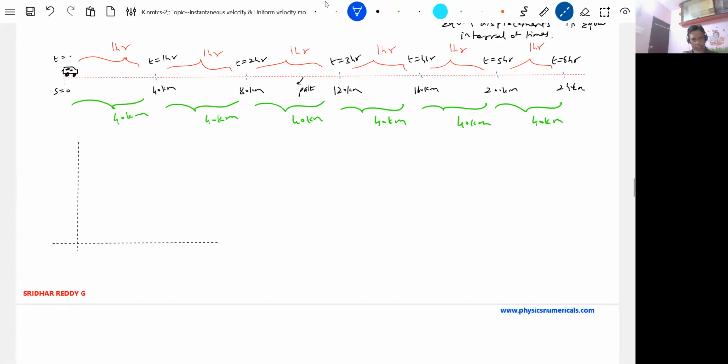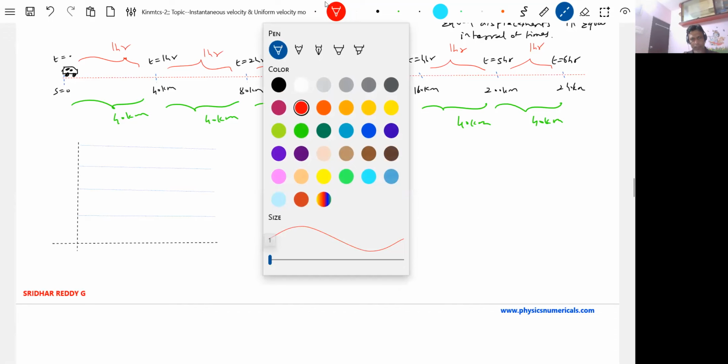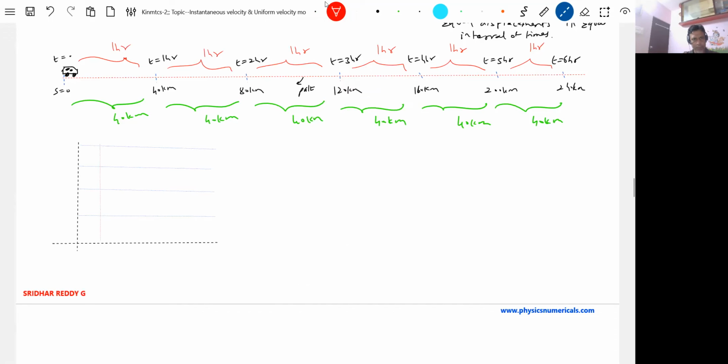We have to show that equal intervals. Okay, this is our curve.